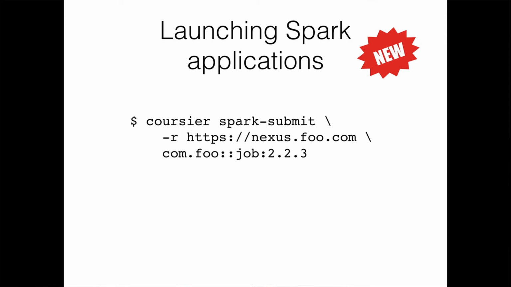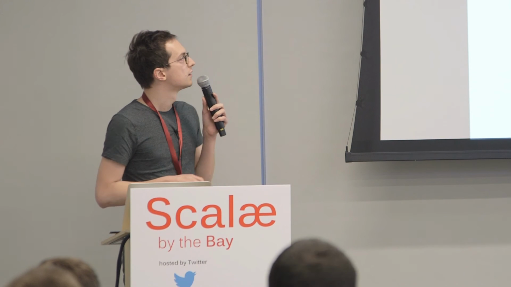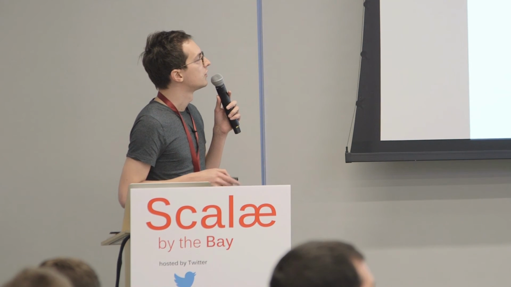Now, if I just substitute Spark Submit to launch, we actually get a way to launch Spark applications. So here, I published a Spark application on a repository, let's say this one. Now I call Spark Submit of this job, and coursier enables us to launch this application via Spark.